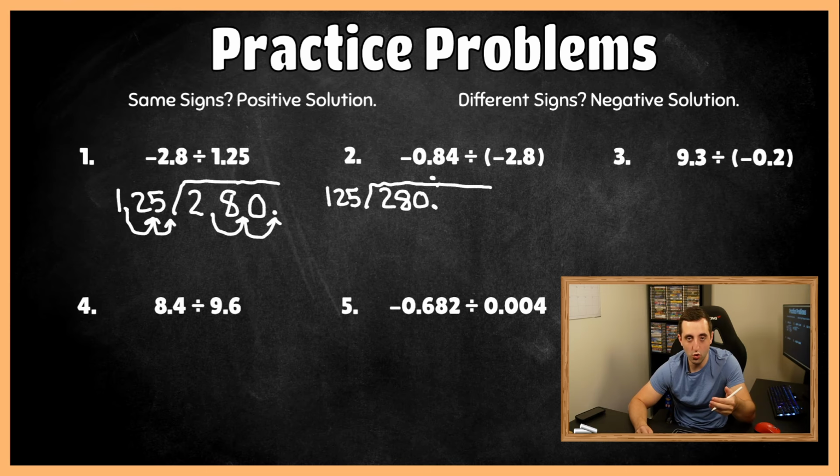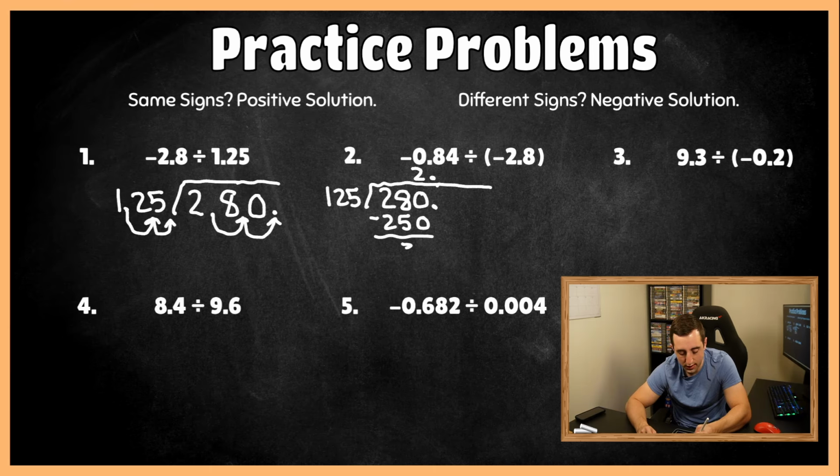125 doesn't fit into 2. It doesn't fit into 28, but it does fit into 280 twice. 125 times 2 is 250, so we subtract. We get a remainder of 30. Well, 125 doesn't fit into 30 at all, so let's add a 0 and bring that down. 125 fits into 300 twice again, so we're going to subtract 250.